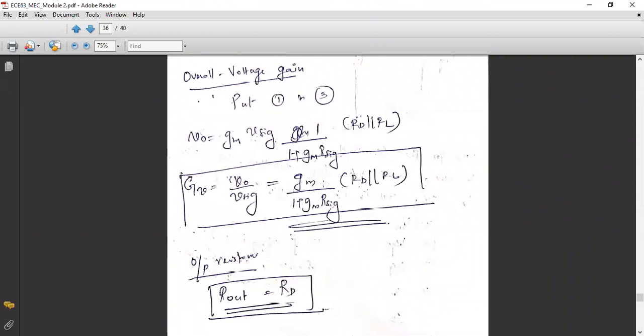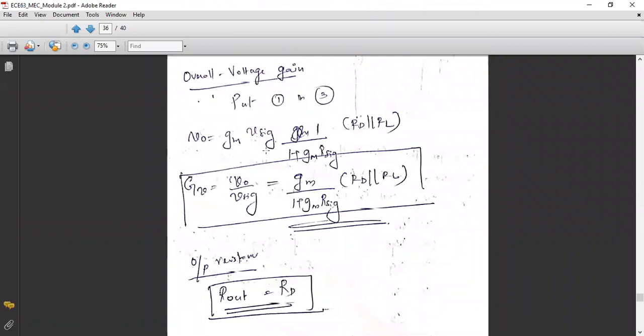It will be approximately this particular term, which is termed as overall voltage gain GV. Initially, it was Vi here, instead of this entire term. But now we are replacing this Vi in terms of Vsig. What is Vi? Vi is Vsig divided by 1 plus Gm into Rsig.